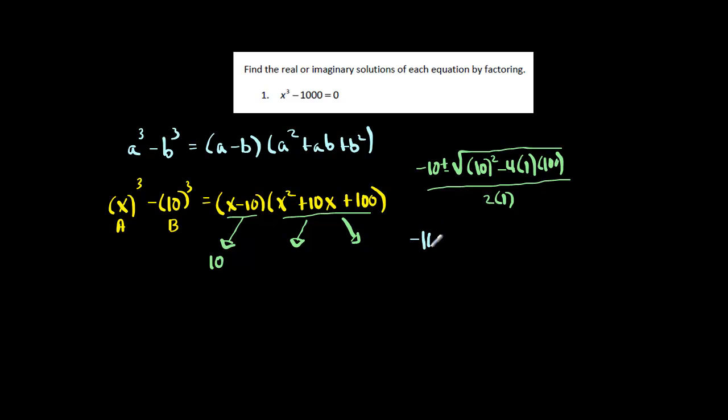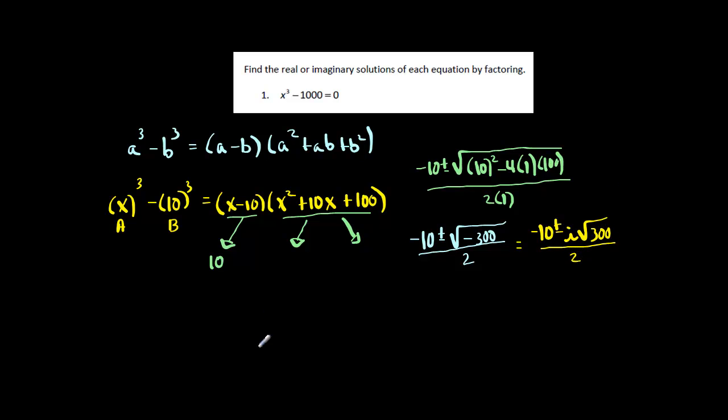Simplify this, so negative 10 plus or minus. This is 100 minus 400, which is negative 300, all divided by 2. So we can simplify this, so it would be negative 10 plus or minus, extract the i, root 300, all over 2.